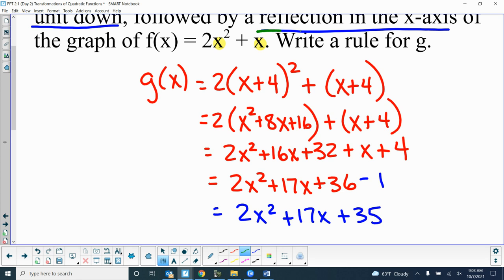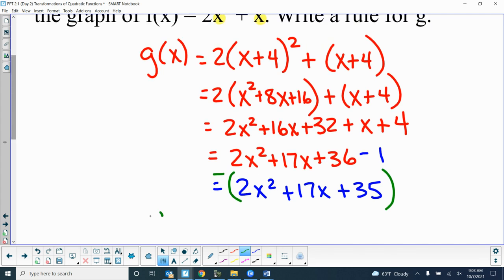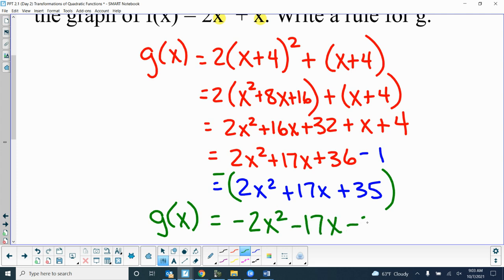Just change it to green. The reflection in the x-axis is green. So I'm doing this. Opposite of the whole thing. So you distribute the negative through. So our final answer is negative 2x squared minus 17x minus 35.